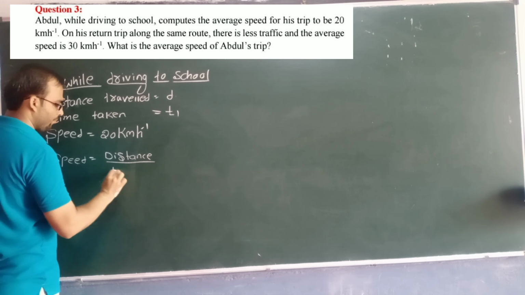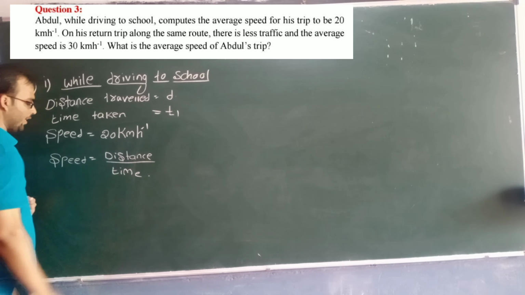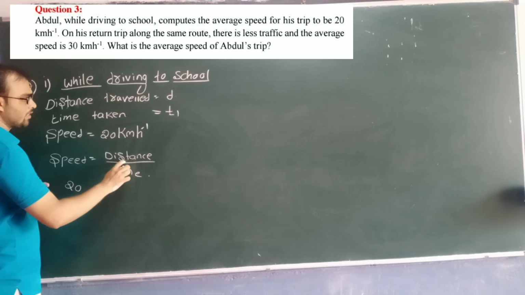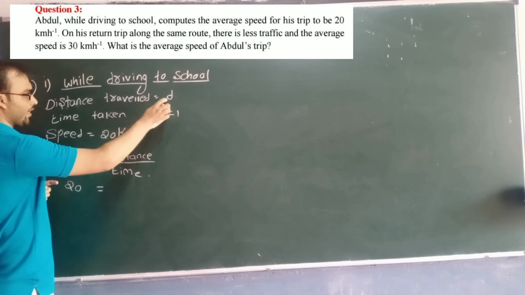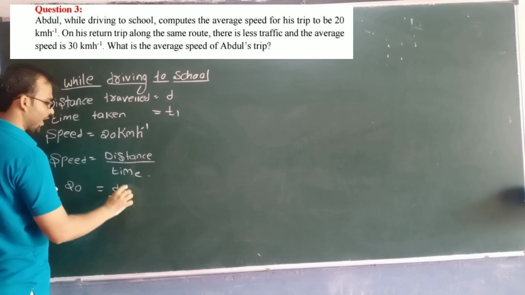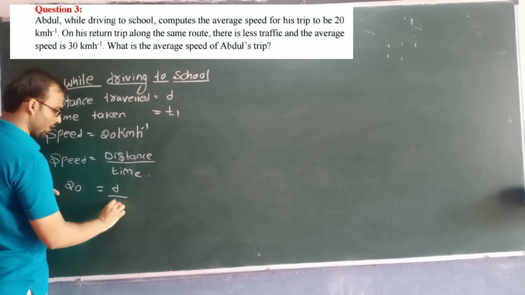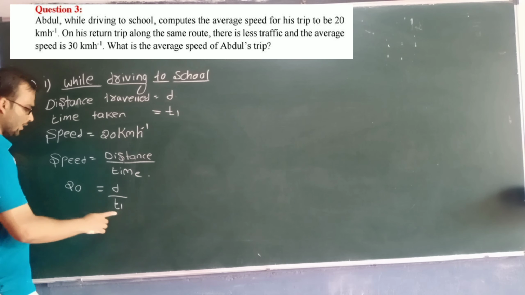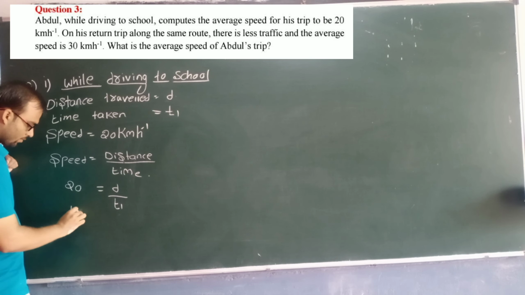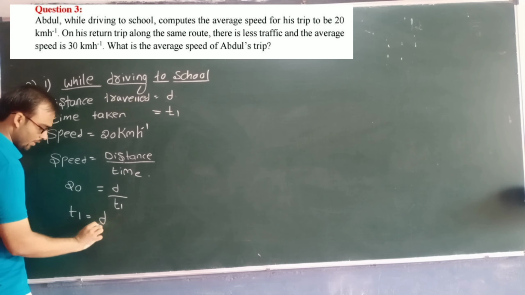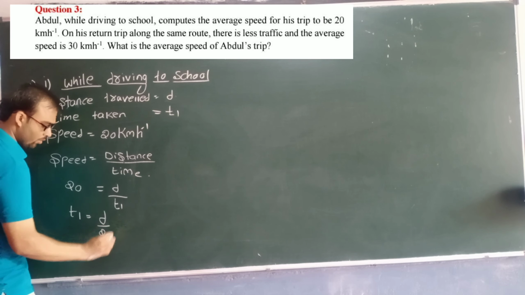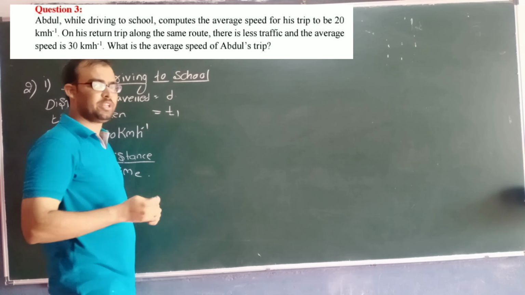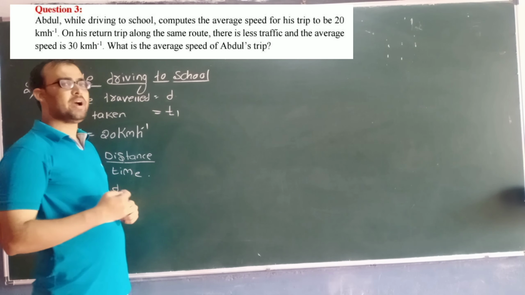Here the speed is 20, the distance traveled is D, and the time is T1, the time taken by Abdul while driving to school. Bringing T1 here, T1 is equal to D by 20.